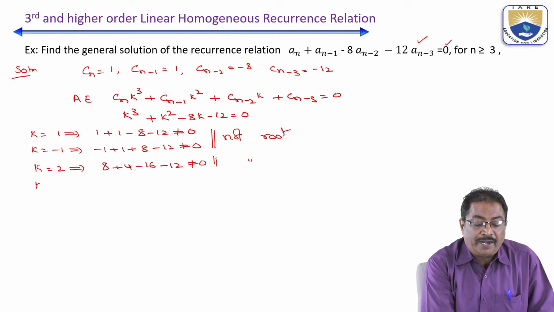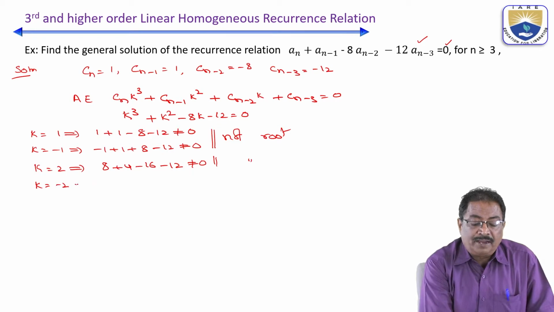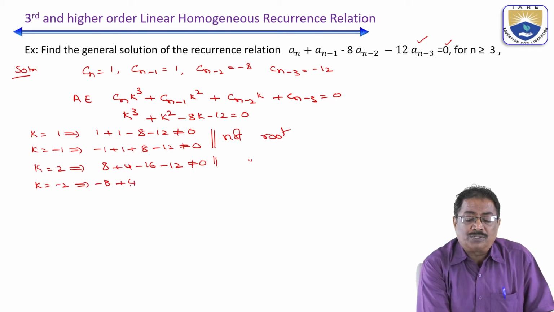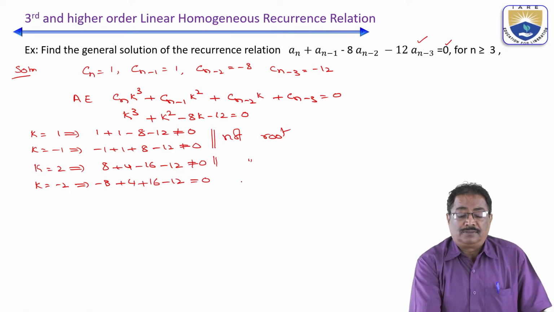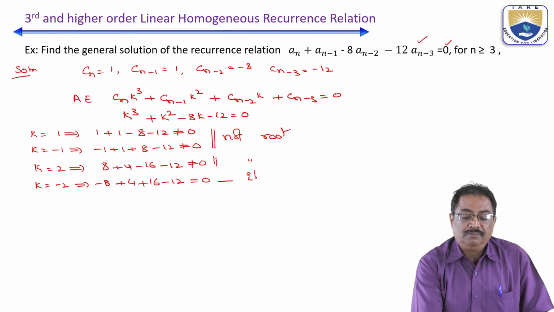Then k equal to minus 2: I get minus 8, plus 4, plus 16, minus 12, which equals 0. So it is a root. So I am taking k equal to minus 2 as one of the roots.